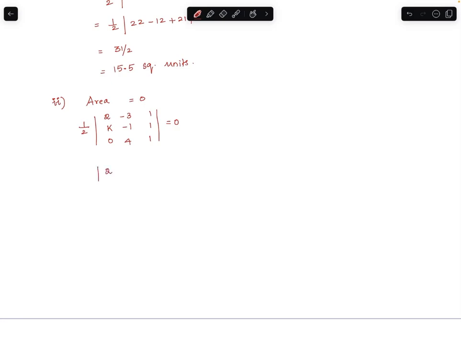So the determinant value is 2 times (-1 minus 4), minus of -3 times (k minus 0), plus 1 times (4k minus 0), which is -10 plus 3k plus 4k is 0. 7k is 10, k is 10 by 7.